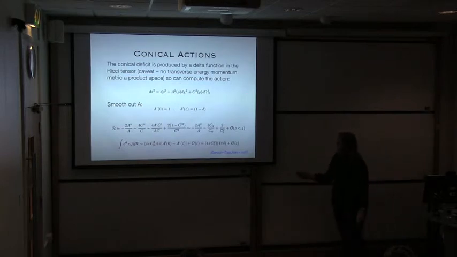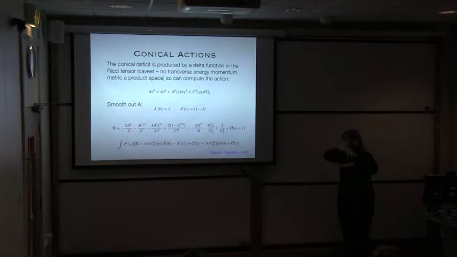Whereas the type of deficits that we've got here are where you can cleanly split off your two-dimensional space with the deficit and the rest of the geometry, which is just going along for the ride. It's just some constant, in this case, a 2-sphere.